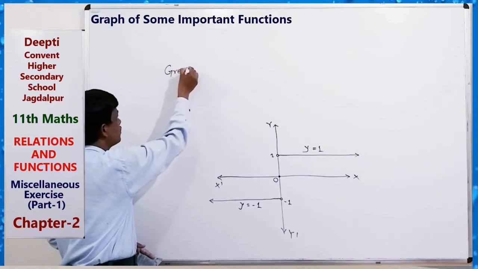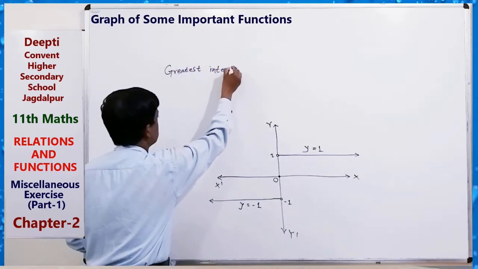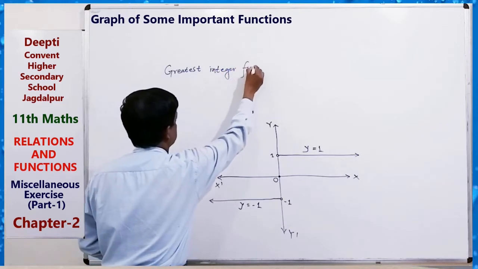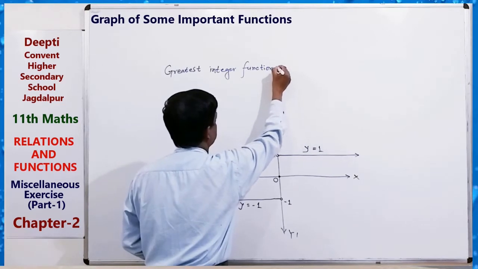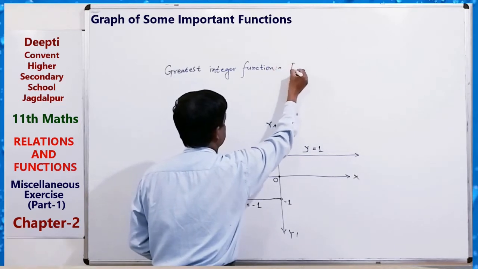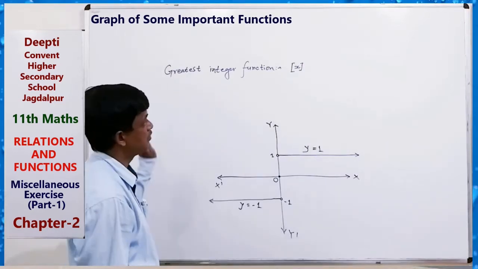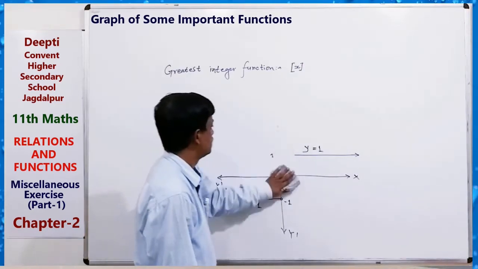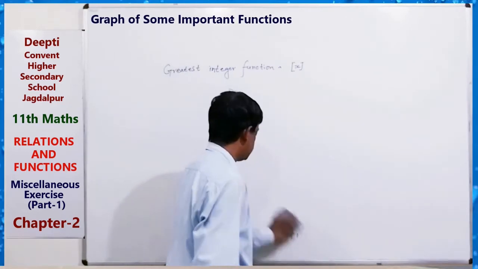The greatest integer function is defined by this. Clear?